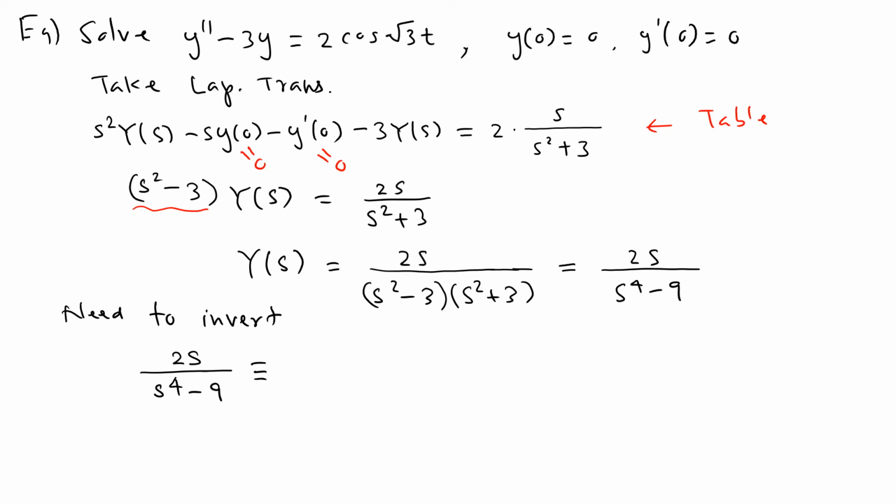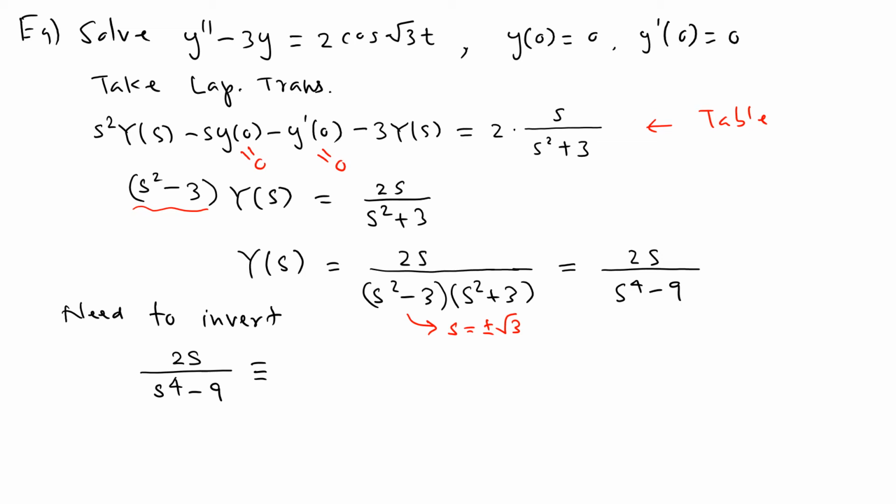This has two factors, so two zeros: s equals plus or minus square root 3. Actually, we don't want to go that route here. The reason is we already know the inverse of that. When you have s squared minus 3, that gives the hyperbolic sine and cosine functions. Because of that, we are not going to split into two linear factors in this case. We can stay with quadratic. So that's a major difference.